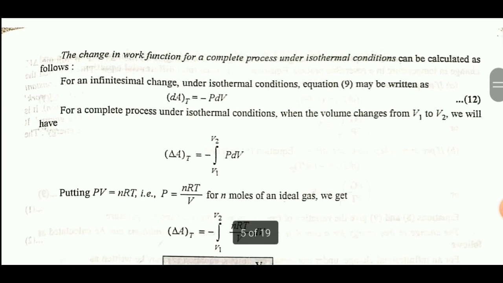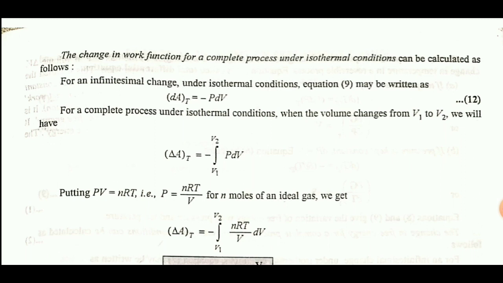The change in work function for a complete process under isothermal condition can be calculated as follows. For an infinitesimal change under isothermal condition, equation 9 may be written as dA at constant temperature = -P dV. For a complete process under isothermal condition, when the volume changes from V1 to V2, we will have ΔA at constant T = -∫ from V1 to V2 of P dV.